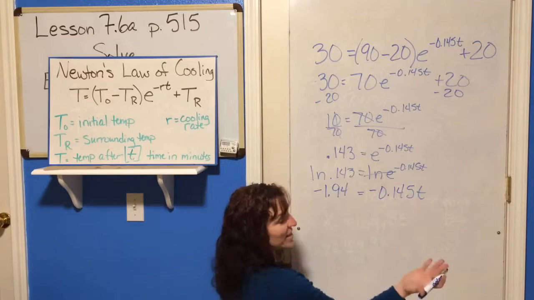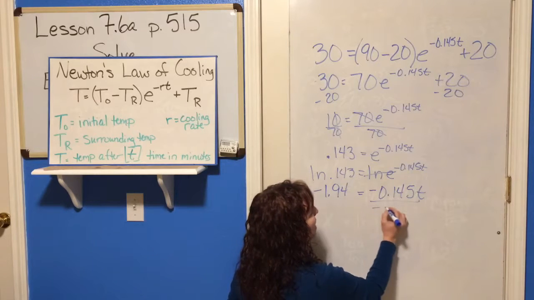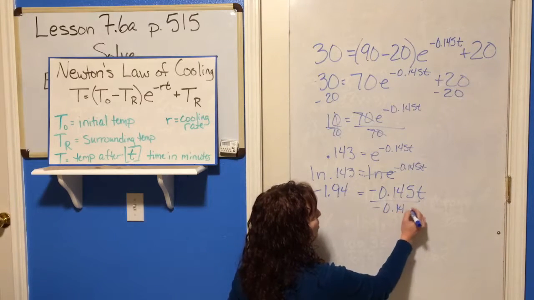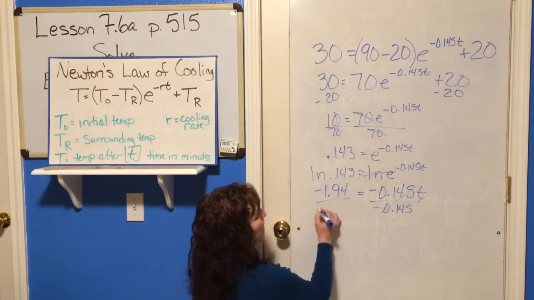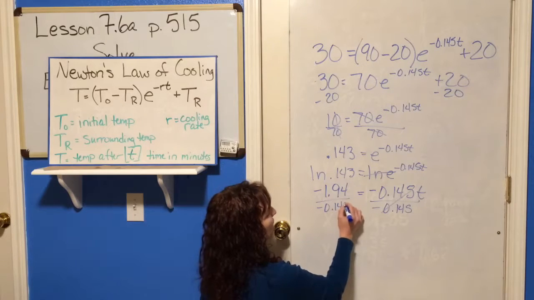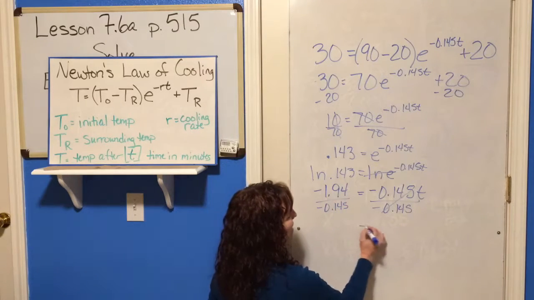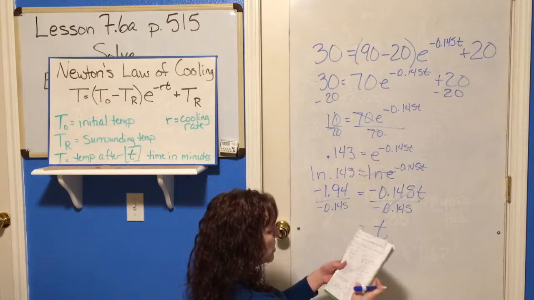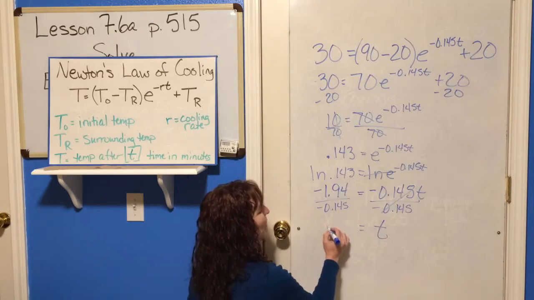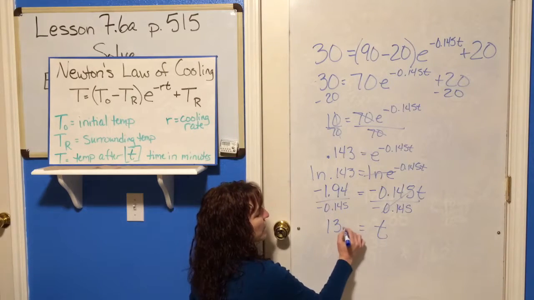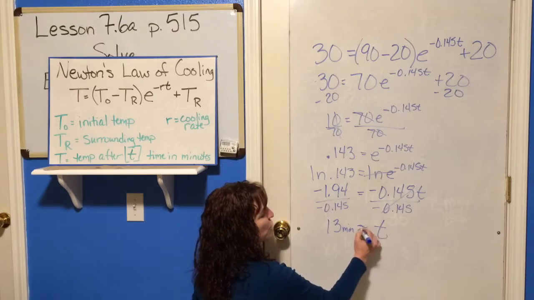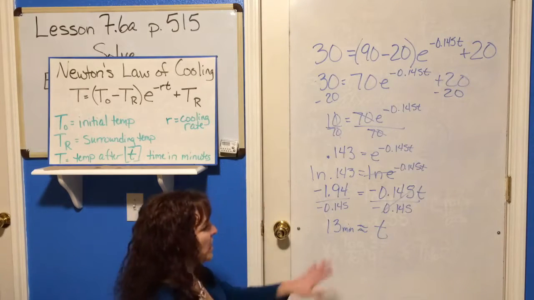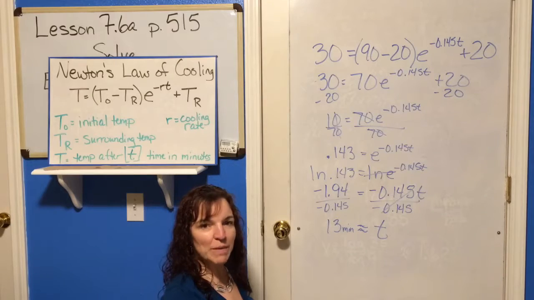And then you're just getting t by itself, so you divide by negative 0.145, and t equals about 13. So your time is about 13 minutes, rounded to the nearest minute.